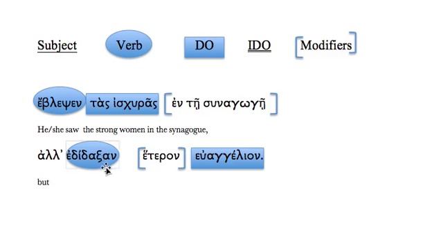So a kappa plus a sigma is going to form a xi, and that tells us that the epsilon plus the sigma, and as it happens, the alpha connecting vowel, means that this is an aorist verb. So if we were to translate, but they taught, and then here's our attributive adjective relationship, heteron euangelion, they taught a different gospel.